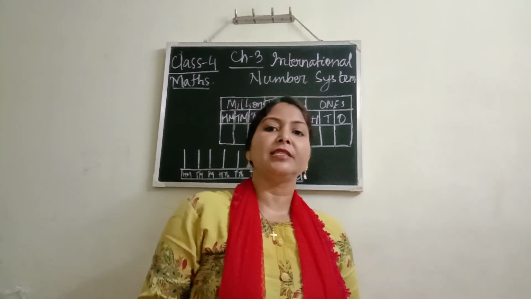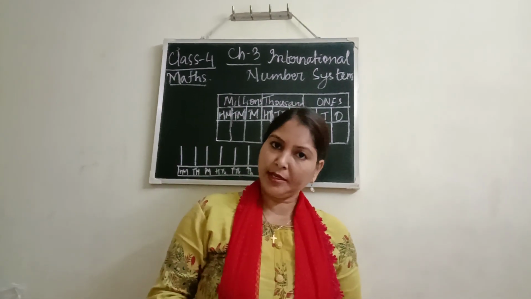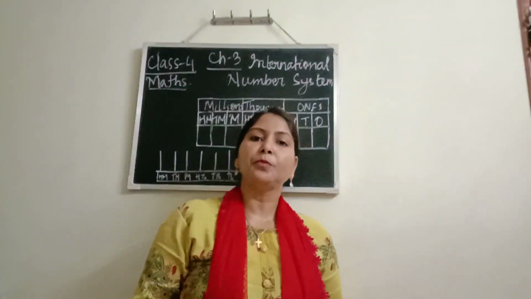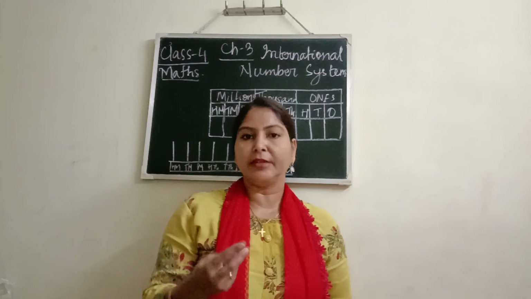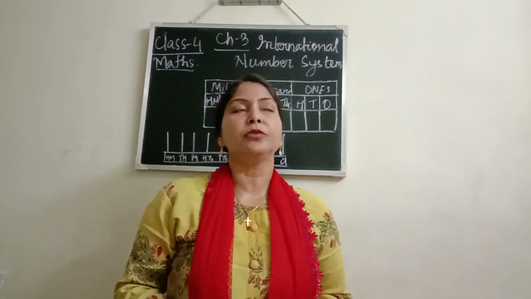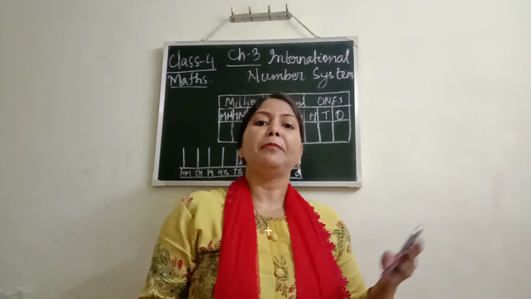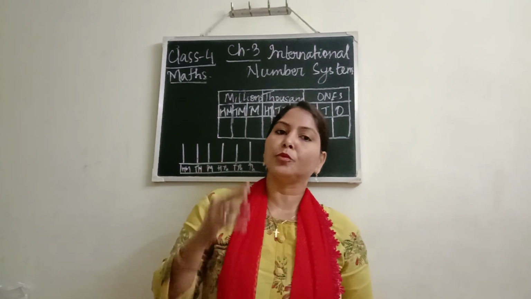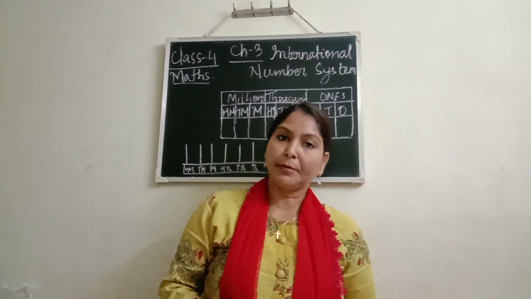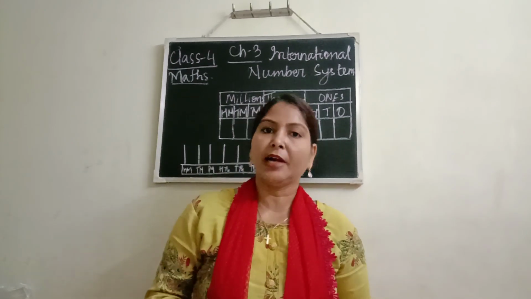Ones period is divided into ones, tens and hundreds place value. Thousands period is divided again into 3 place values, that is 1000, 10,000 and 100,000. Then millions period is again divided into 3 place values, that is 1 million, 10 million and 100 million.